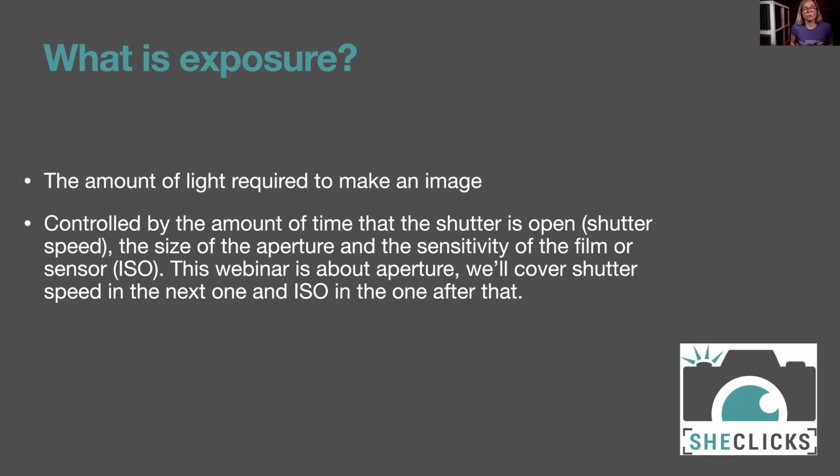And this is controlled by the amount of time that the shutter is open, which is also known as the shutter speed or the exposure time, and the size of the aperture, and also the sensitivity of the film or the sensor. And sensitivity is also known as ISO. This webinar is all about aperture, and we'll cover shutter speed in the next webinar and ISO in the one after that.